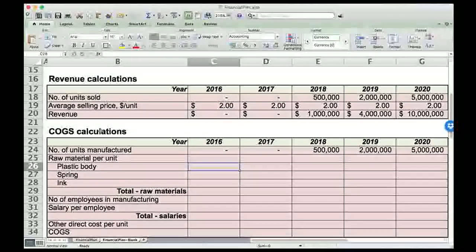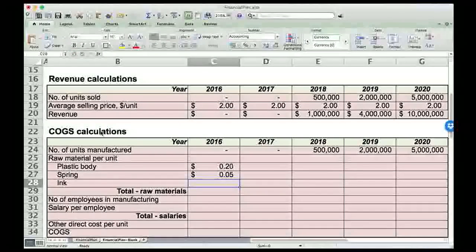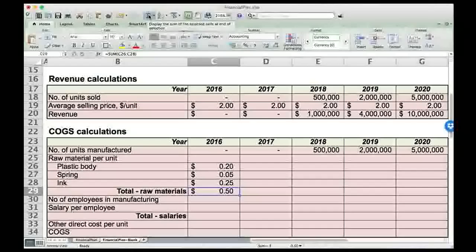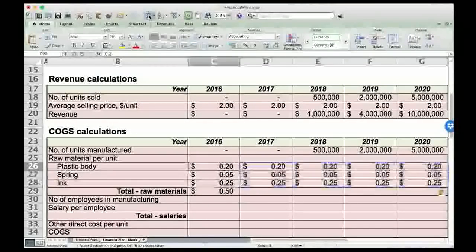So the plastic body, let's say it is 20 cents per piece, and let's say the spring is 5 cents, and let's say the ink is 25 cents, and if you sum all these three, then you would get the raw material price per unit. And let's say the raw material price remains same for the next 5 years, right?